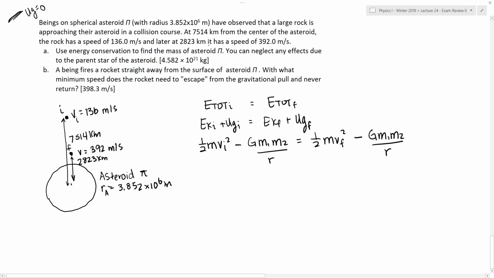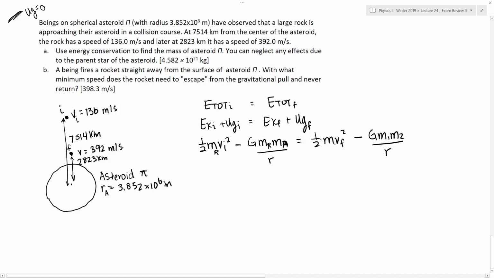The question does not tell us anything about the mass of the rock, so I'm just going to leave that as m rock. In the second term, G m1 m2 over r, those two masses, one is of the rock, the other one is of the asteroid. So I will call it m of the asteroid here.